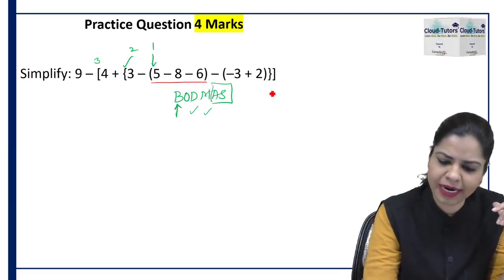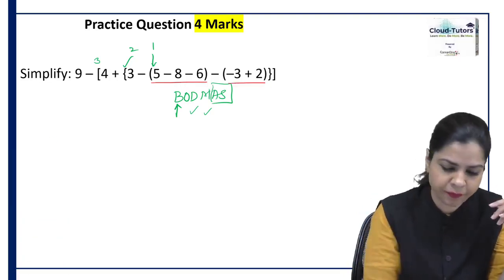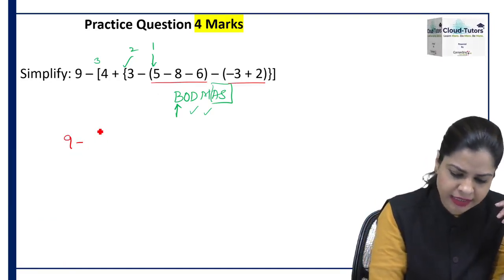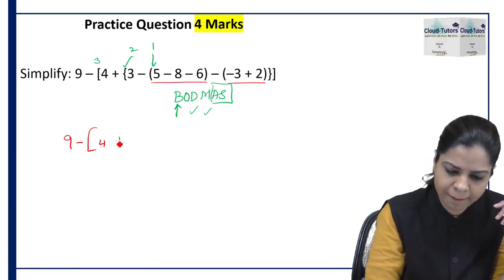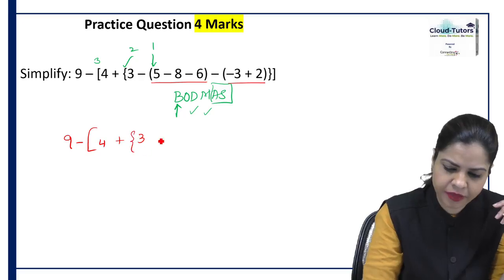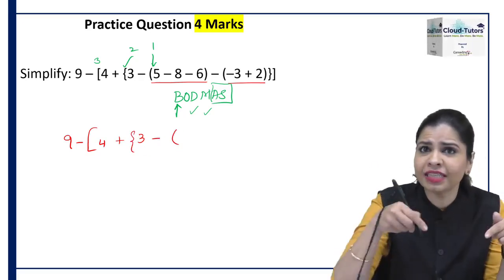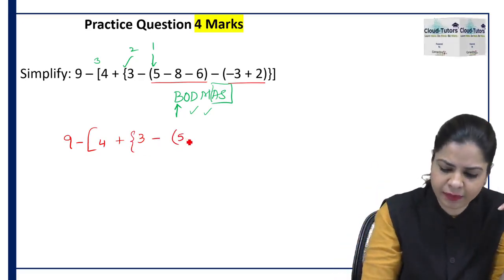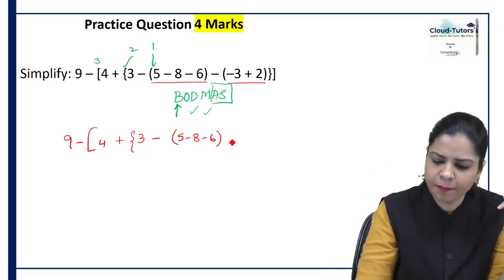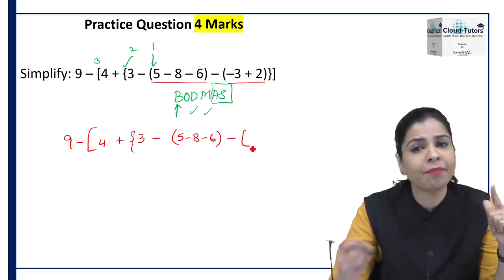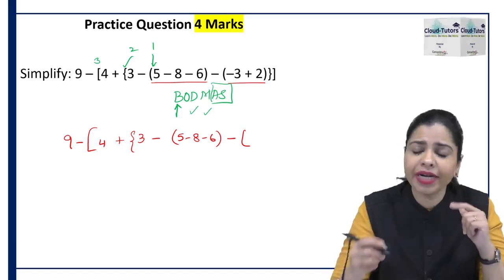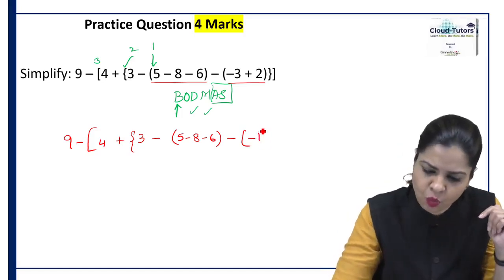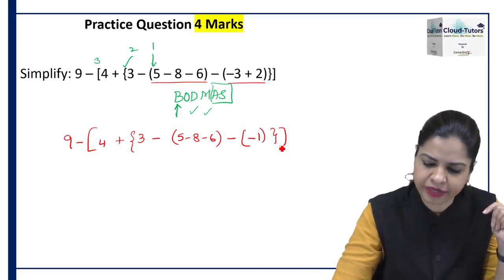So let's solve this part and this part first. So the remaining is written as it is. 4 plus of 3 minus. By the way, they are all with this minus sign, so we write them as it is. Minus. Now you tell me minus 3 plus 2 is? Fantastic. Negative 1. And closing off again.